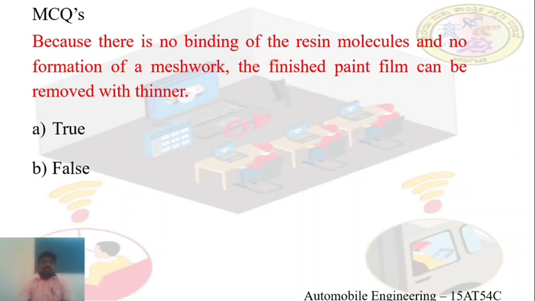Yes, of course, in the previous slides we learned that because there is no binding of the resin molecules and no formation of the meshwork, the finished paint film can be easily removed by using the thinner. So the answer for this question is option A, true.